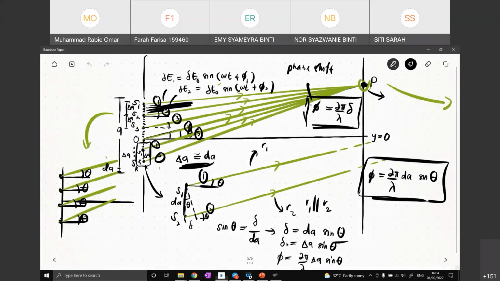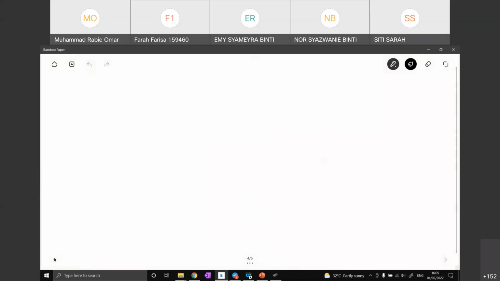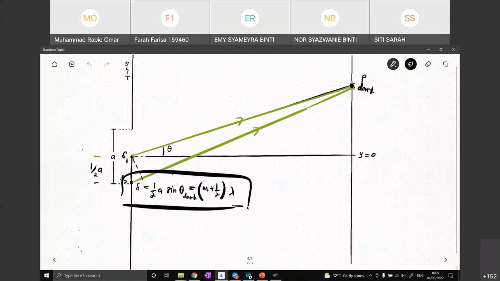The dA form will only be used in our light intensity. It will be used in our next discussion, which is to know the light intensity over here. This is the differential form, and the one that I've shown you previously is the general form. Okay, you can also use this particular equation.